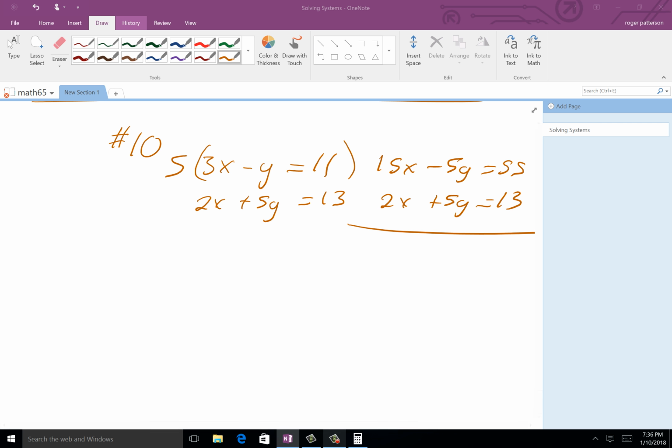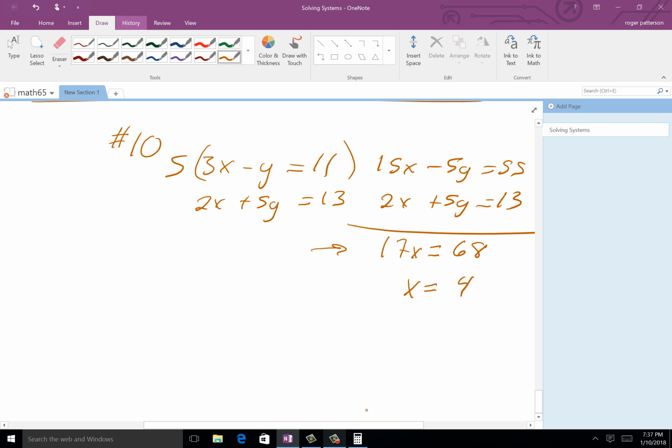Okay. So then what are we going to get here on the bottom part? What's this going to be? 17x, good. Equals 68. And the 17 go in there? Yeah. What do we get for x? 4. Okay.